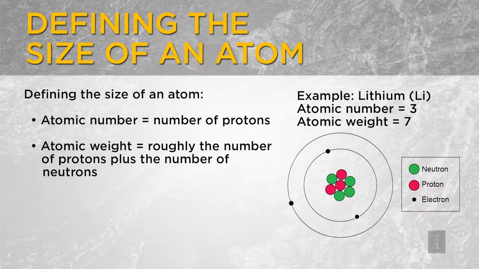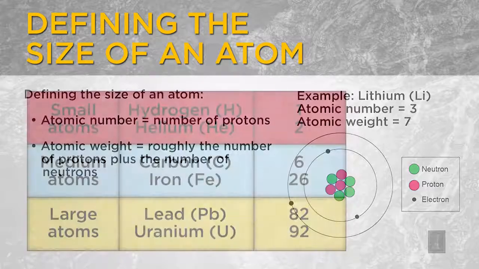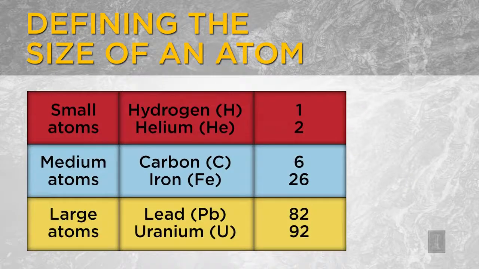Now, we distinguish between different elements, as you probably recall, by their atomic number. So for purposes of our discussion right now, remember there are some small atoms, ones that have small atomic numbers like hydrogen and helium, and atoms that have large atomic numbers like iron or carbon, or even really large atomic numbers such as uranium.